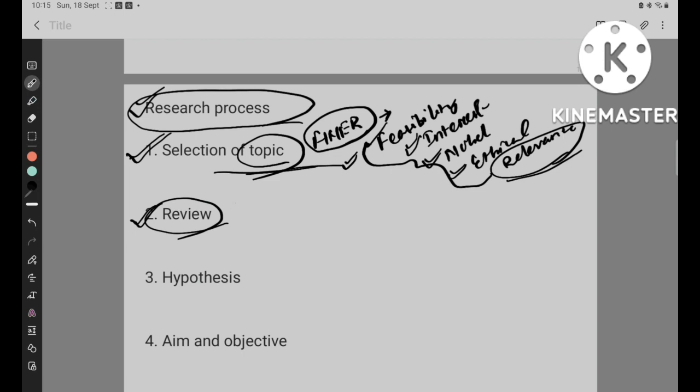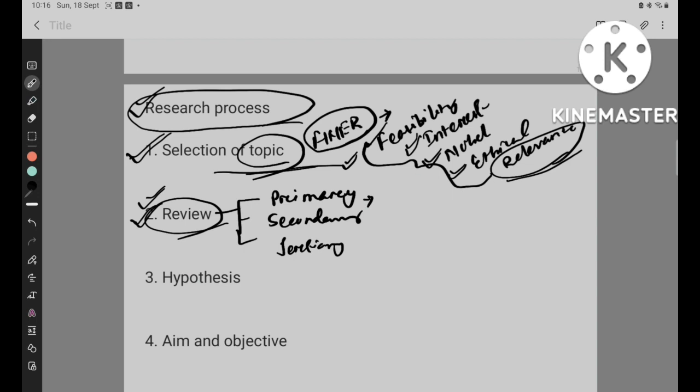For the review, what studies have already been done or what is yet to be done are all included. The research gaps in between need to be reviewed from 3 sources: primary sources, secondary sources, or tertiary sources.